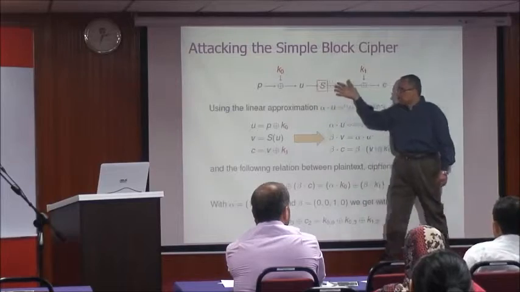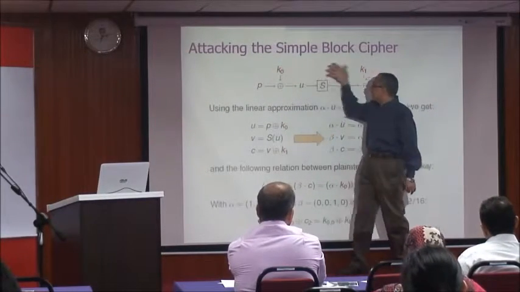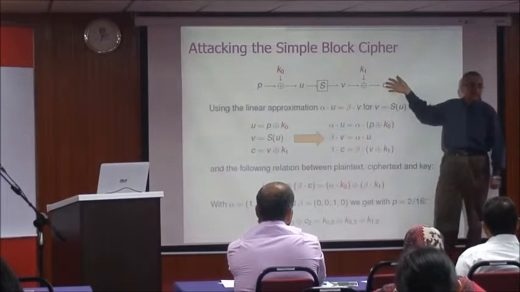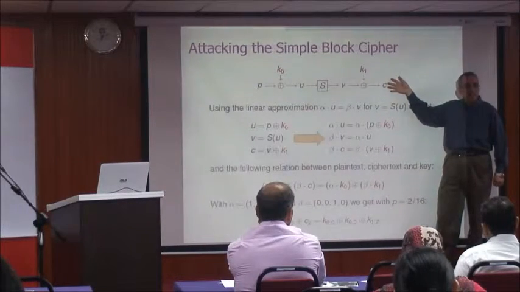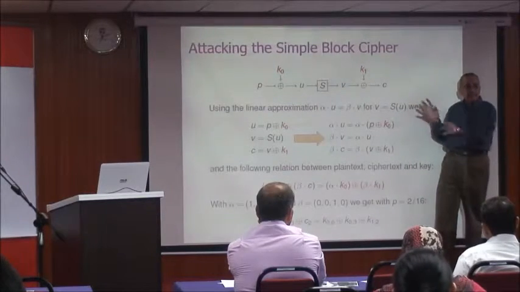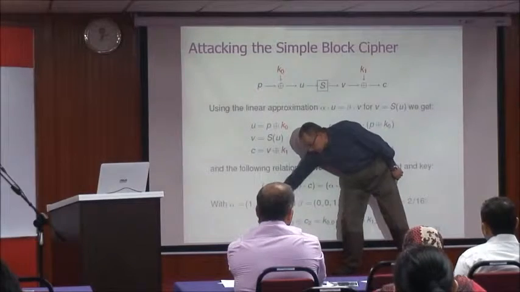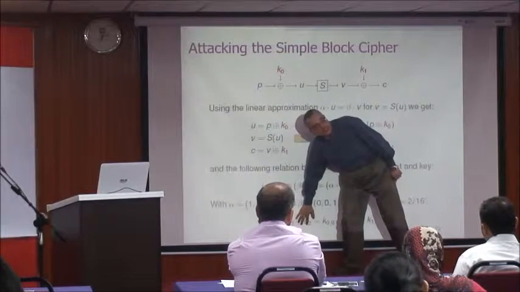Then we use this to build a relation between the plain text bits, the key bits, and the ciphertext bits. Then I generate some plain text, ciphertext pairs, and I calculate the parity of the side of the equation that involves the plain text, ciphertext pairs.